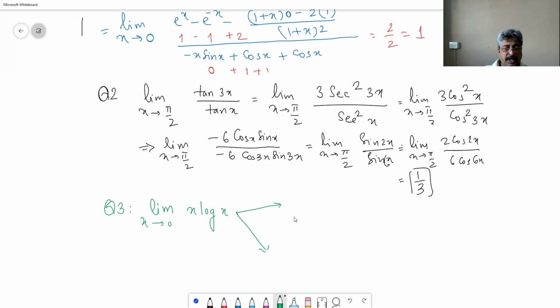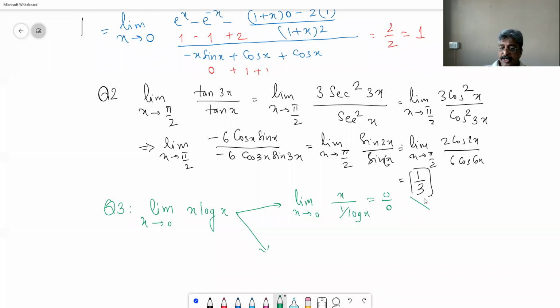Suppose by mistake you convert it into 0 upon 0 form, which is limit x tends to 0, x upon 1 upon log x. Now this is 0, this is minus infinity, therefore this is becoming 0 upon 0.